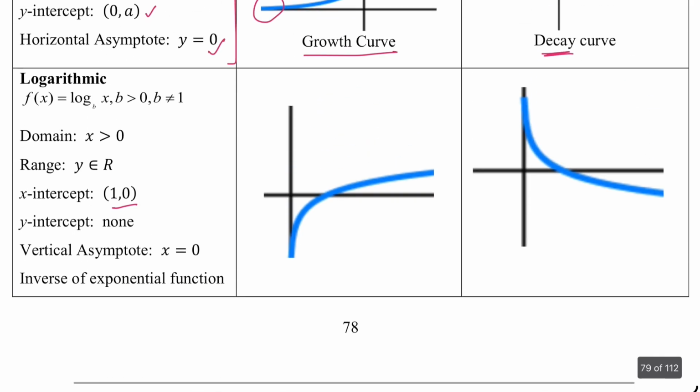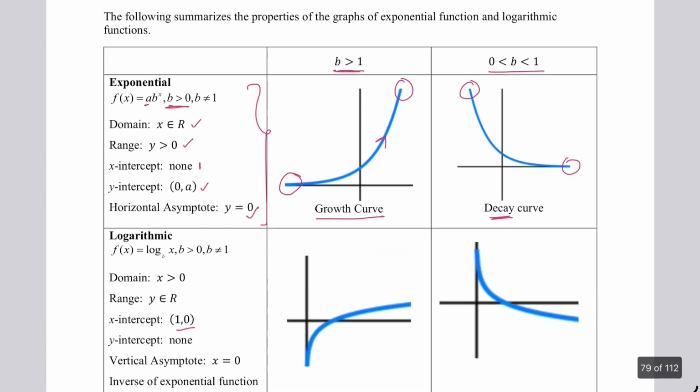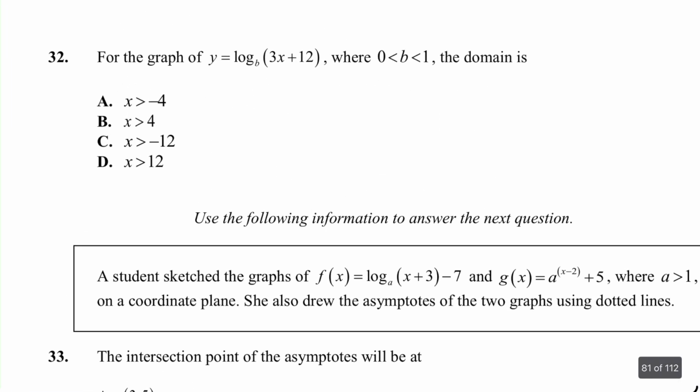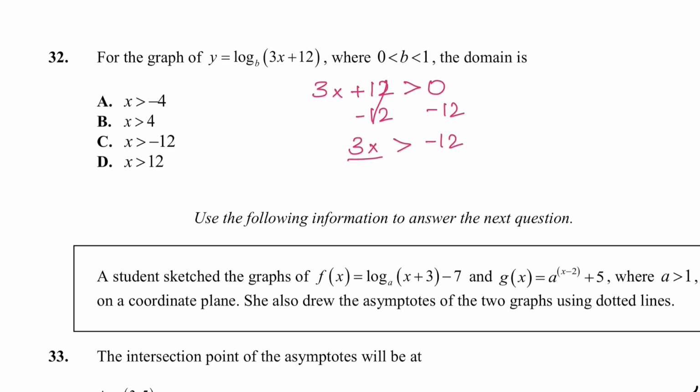Take some time. Pause the video. It's just going to be 3x plus 12 greater than 0. Subtract 12 on both sides, we get 3x is greater than minus 12. Divide by 3 on both sides, and we get x is greater than negative 4. And that's our domain. Easy.